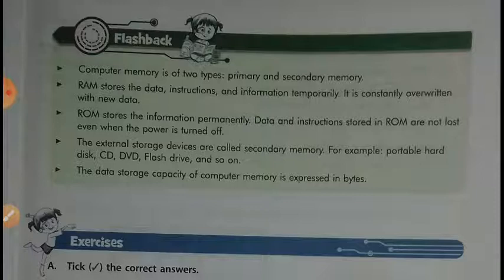Okay students, the external storage devices are called secondary memory, for example portable hard disk, CD, DVD, flash drive and so on. And the next flashback is that the data storage capacity of computer memory is expressed in bytes. Okay students, this was the flashback.